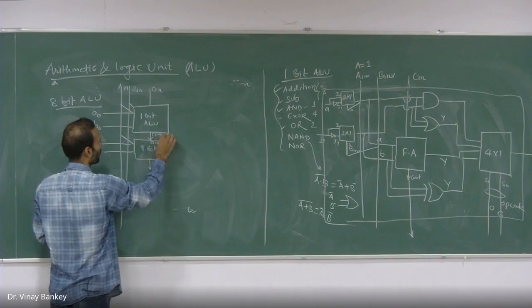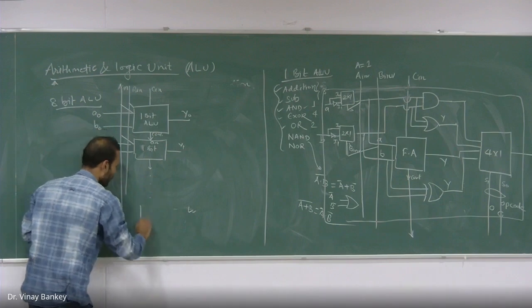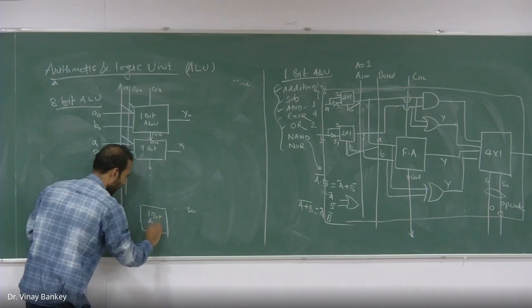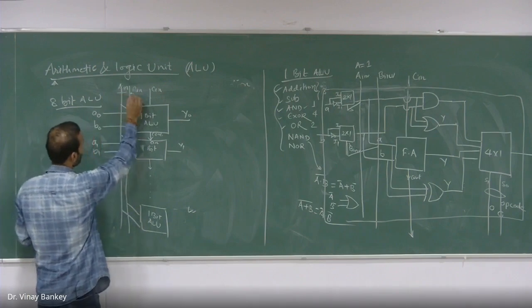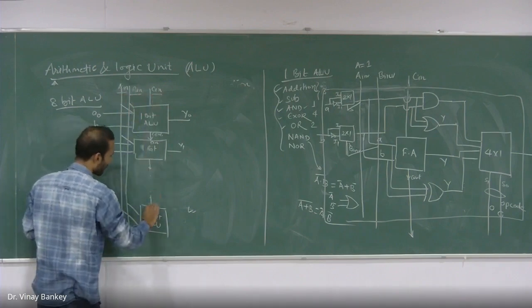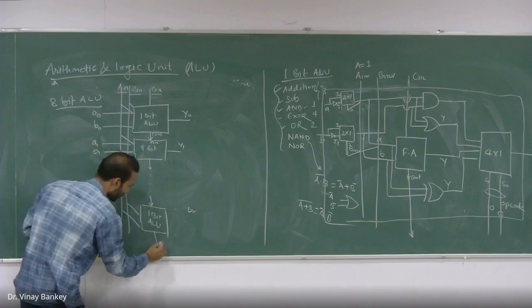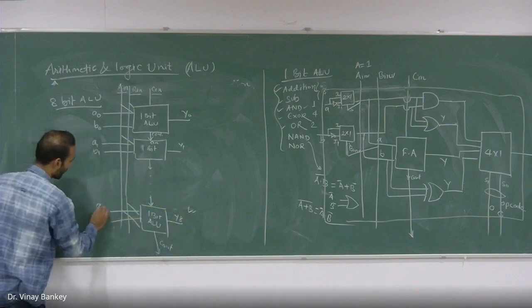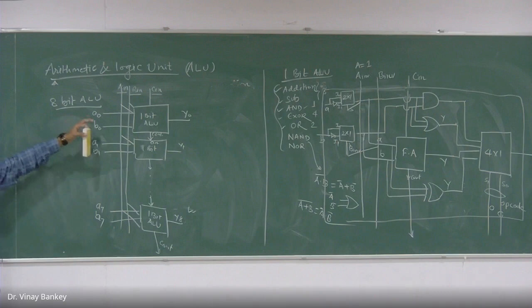Here you have Y0, Y1, and in a similar way you have the 8th 1-bit ALU. This is A invert, B invert, and C in. C in of this will be the C out of the previous one. Here you have C out, and this will be your A7 and B7. So in this way, this 8-bit ALU will be implemented using 1-bit ALUs.